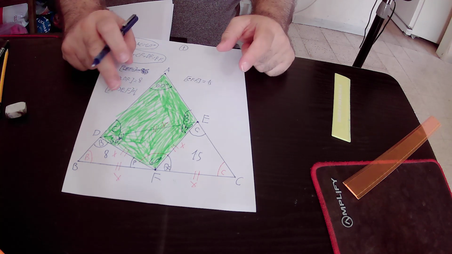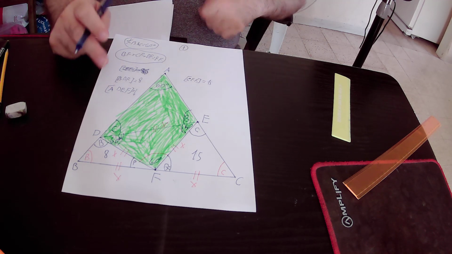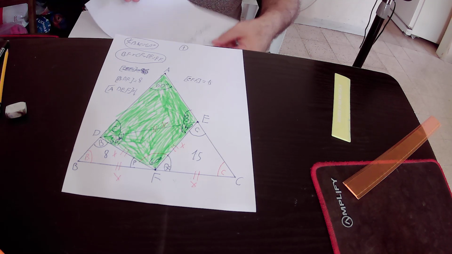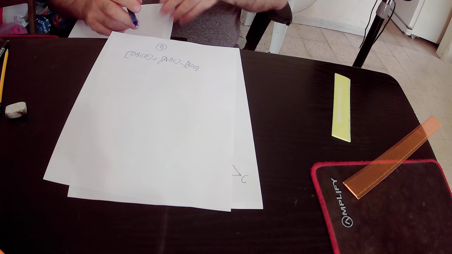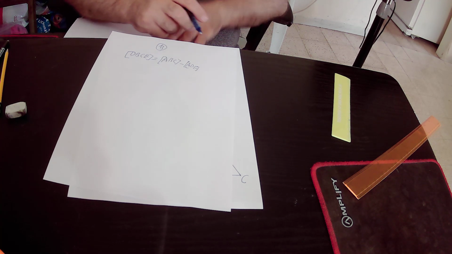Again, the area of triangle ABC minus the area of the small triangle ADE will be equal to the area of quadrilateral DBCE. Okay, so we write it down.